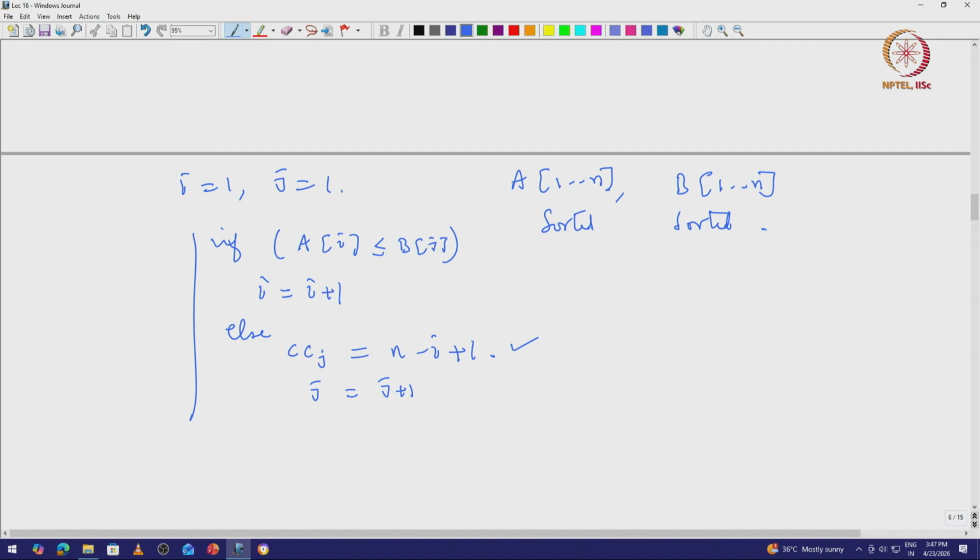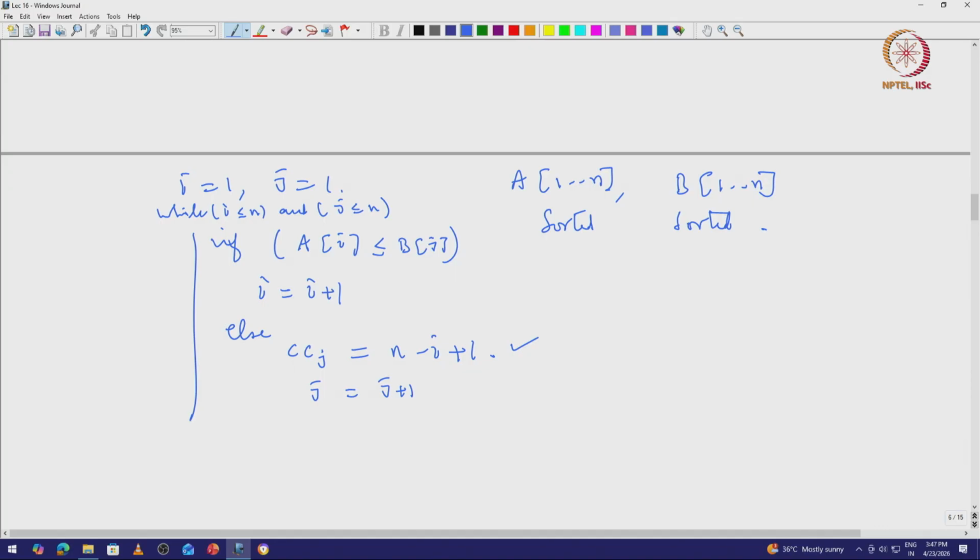While, in the merging routine, while I is less than or equal to n and j is less than or equal to n, this is what you have to do. Keep moving out the smaller element, it is called a sorted sequence.